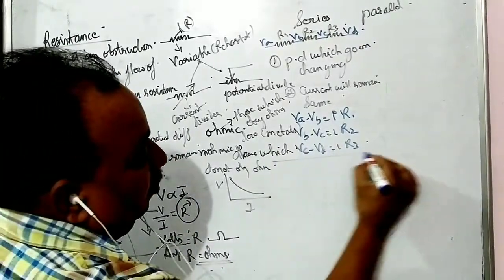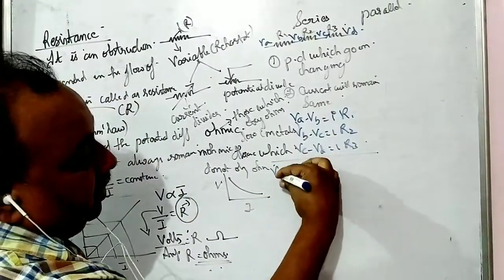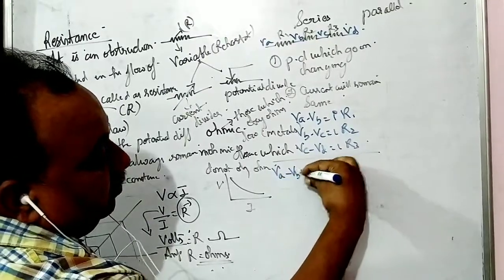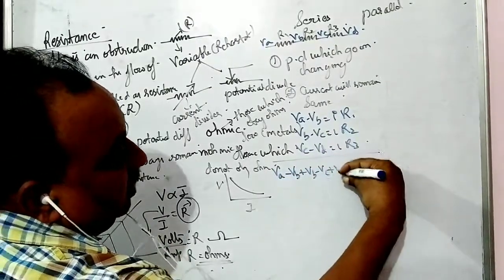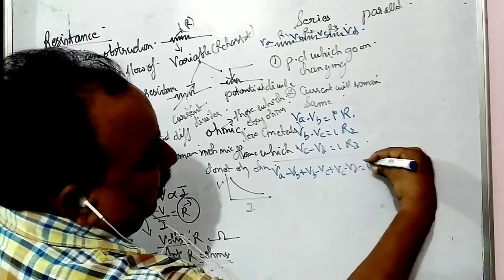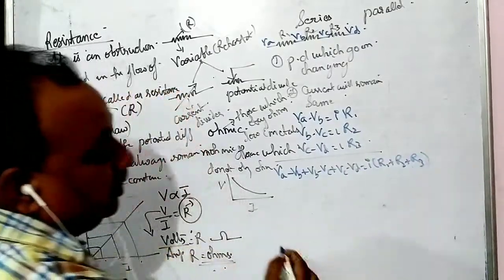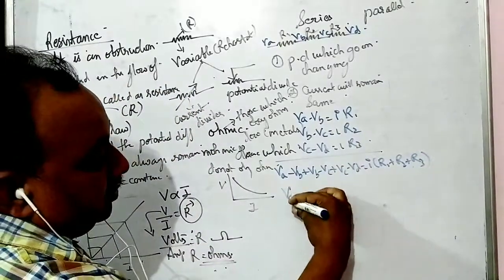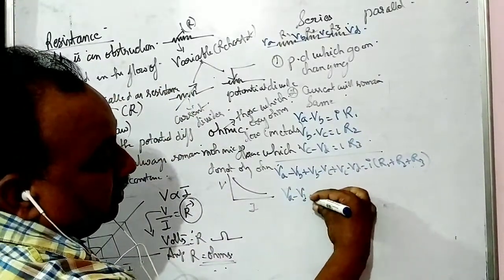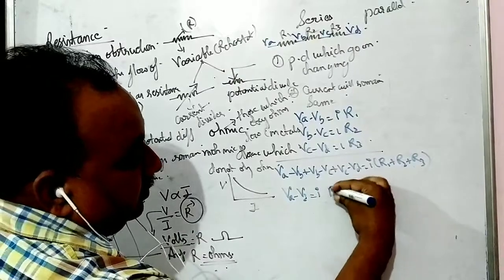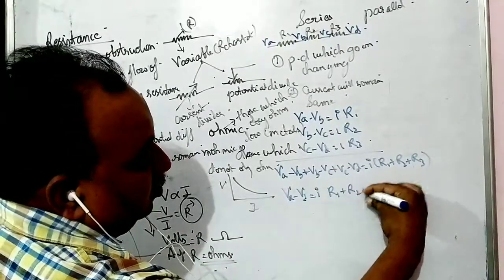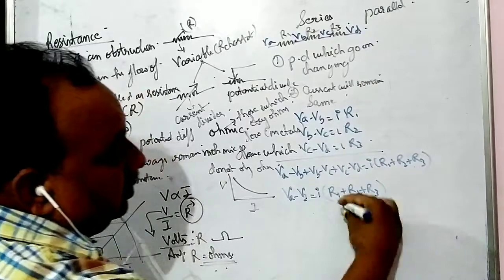If we combine all three, we get VA minus VB plus VB minus VC plus VC minus VD is equal to I common, R1 plus R2 plus R3. So VA minus VD is equal to I times R1 plus R2 plus R3.